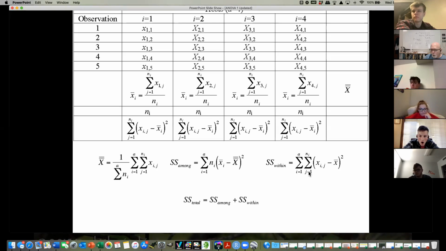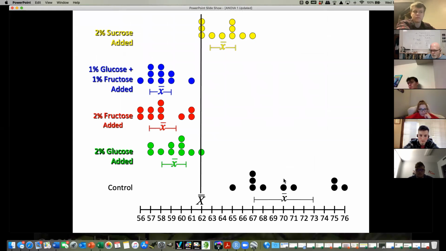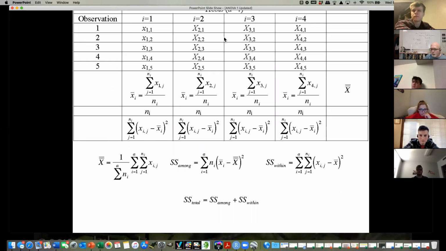This is summed across 1 to however many samples are within a given treatment. So you're summing within this treatment, then adding that to the sum within this treatment, and to that treatment, and to that treatment. And so you get a within sample variance estimate that has the within sample variation for all 5 of your different samples.